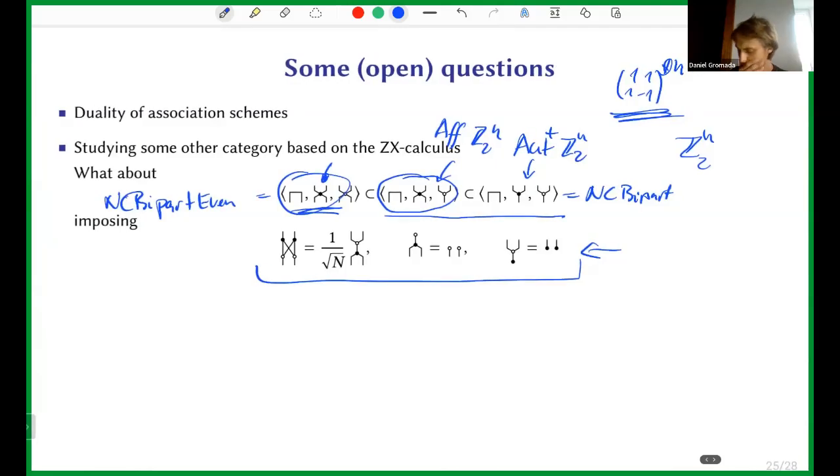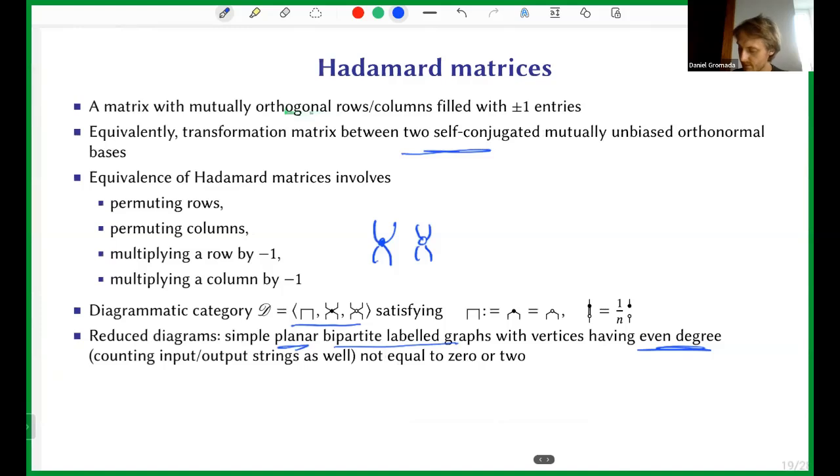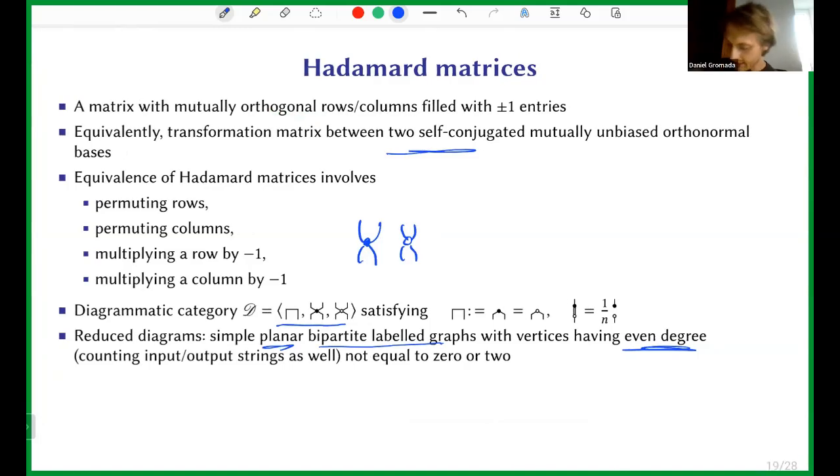Well, I think this plays a role when constructing the category. I'm not sure if this would make sense for some general matrices. Would the classical notion of equivalence make sense for arbitrary matrices? Probably not, right? But what you could study are complex Hadamard matrices.